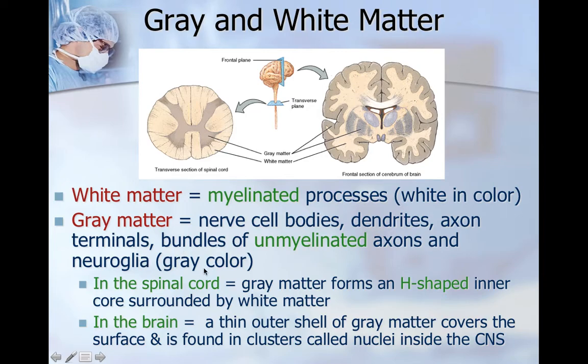So white matter in the nervous system means it's myelinated. Gray matter means that it's not myelinated, okay? In the spinal cord, your gray matter forms an H-shaped inner core surrounded by white matter. And in your brain, there is a thin outer shell of gray matter that covers the surface and is found in clusters called nuclei inside the central nervous system.